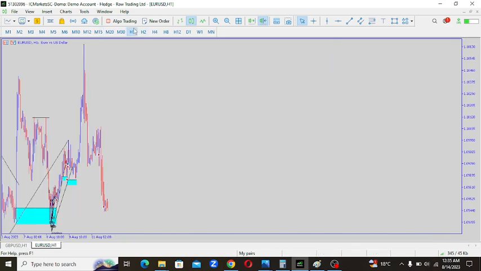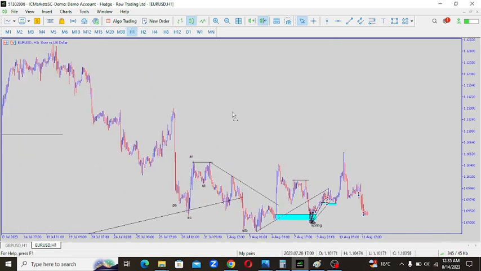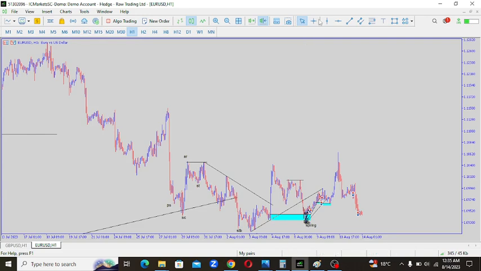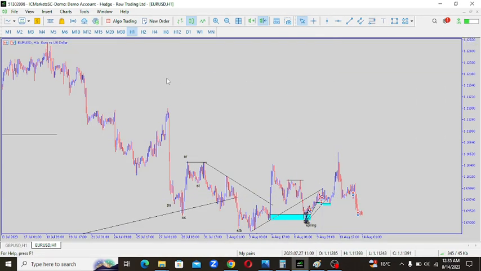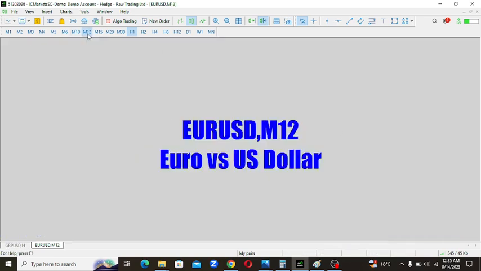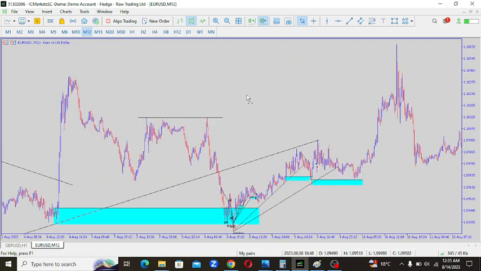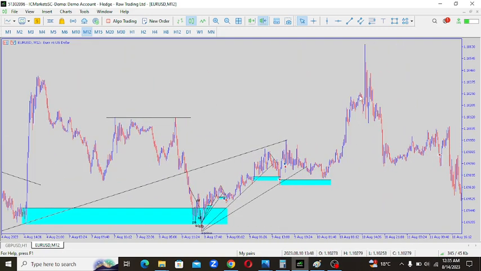You see, it's a waste, because I was expecting this price to go and reach this new high. I was expecting that move.